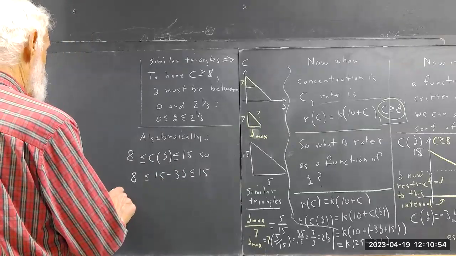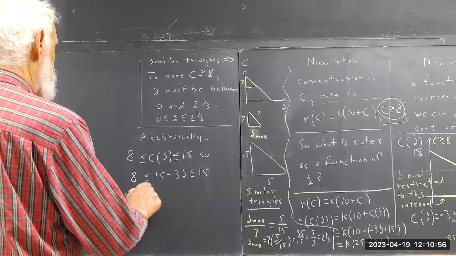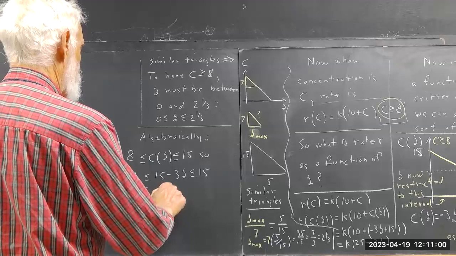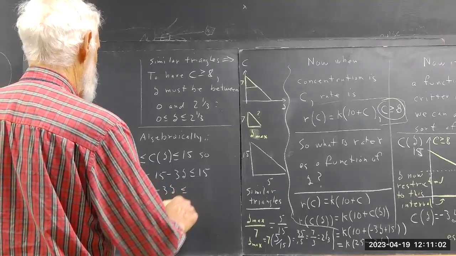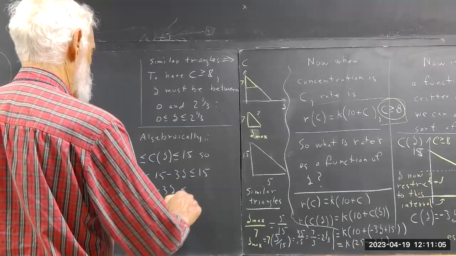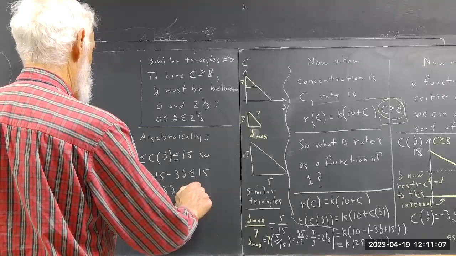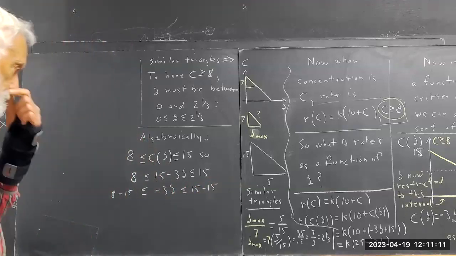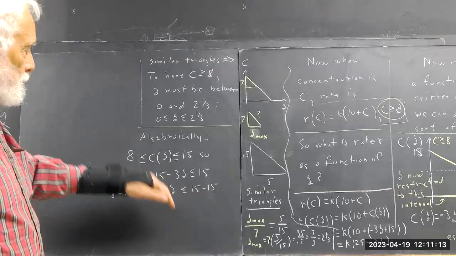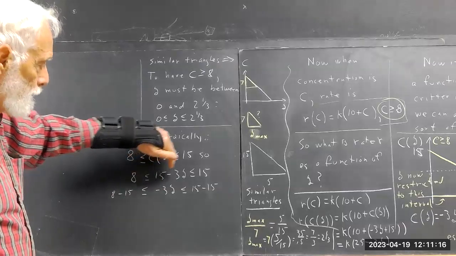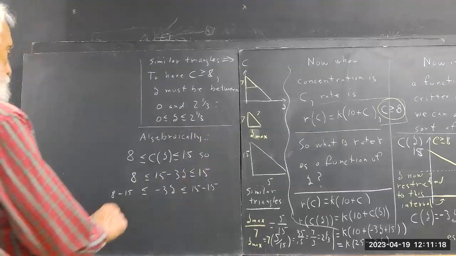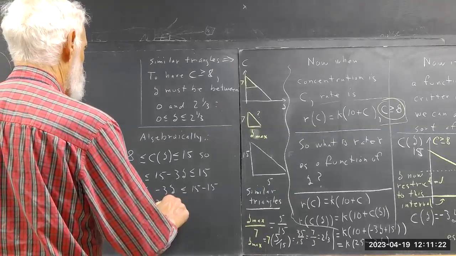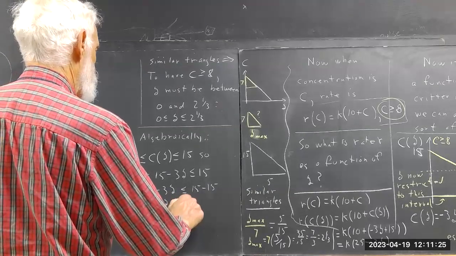So we're going to get 8 minus 15 less than or equal to -3 delta, less than or equal to 15 minus 15. Okay. That's what we get when we subtract 15 from this, and this. And that gives us -7 less than or equal to -3 delta less than or equal to 0.